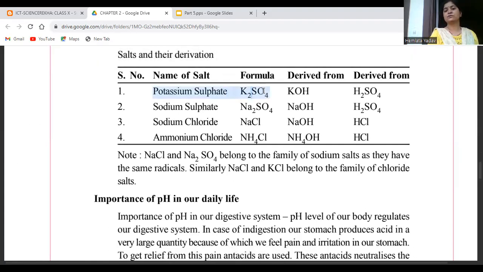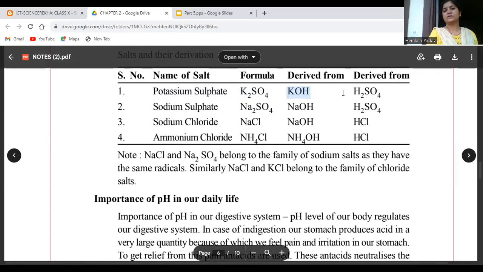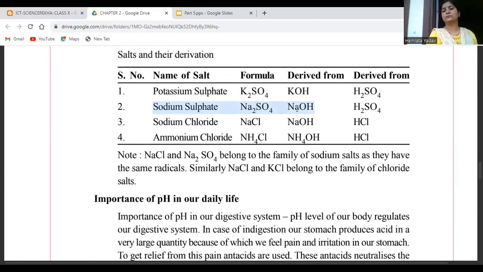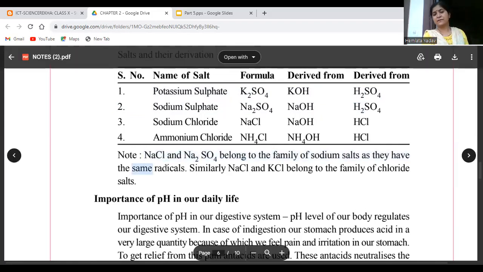Potassium sulfate K2SO4 is derived from KOH and H2SO4. So it is an acidic salt because H2SO4 is a strong acid. Sodium sulfate Na2SO4 is derived from NaOH and H2SO4. It is neutral.